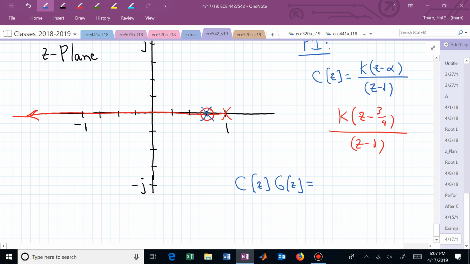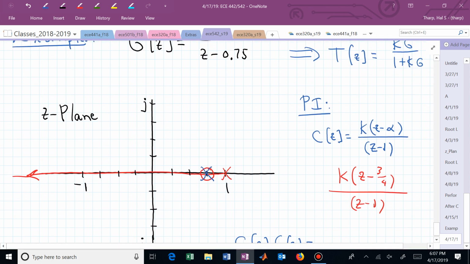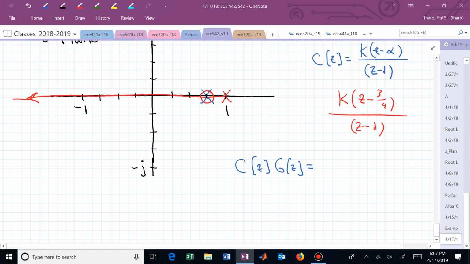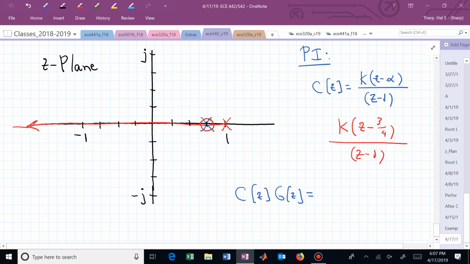C of z, G of z. My G of z, I started with 1 over z minus 3/4. I've now canceled that with a 0 factor, z minus 3/4. My loop gain for CG is now k over z minus 1.